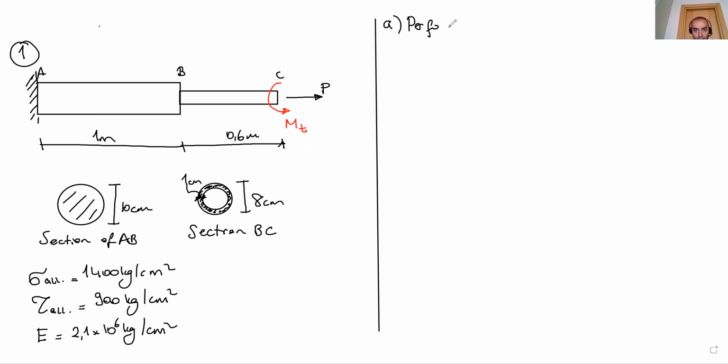Perform stress check on AB and CB when P equals 0, and MT equals 0.25 ton meter. Okay, this is the A.